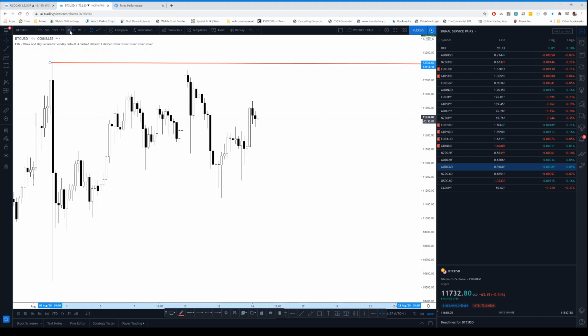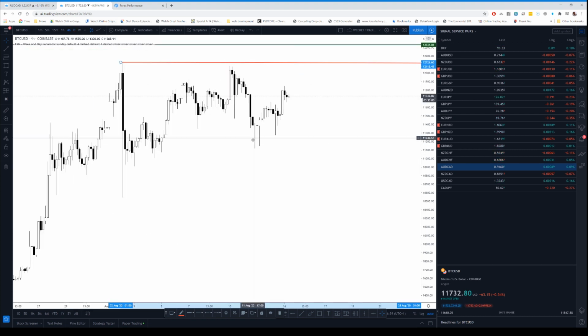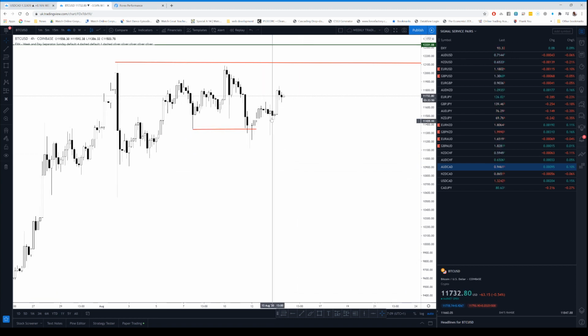Let's have a look at our 4-hour structure. We did run this low and that low and a rejection. Again, I'll teach you guys this one, and then price came back down for a retracement, and then it's pushing higher. So this is our current range, even though we are still inside this high and that low.